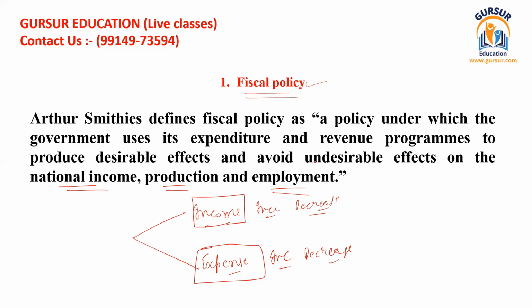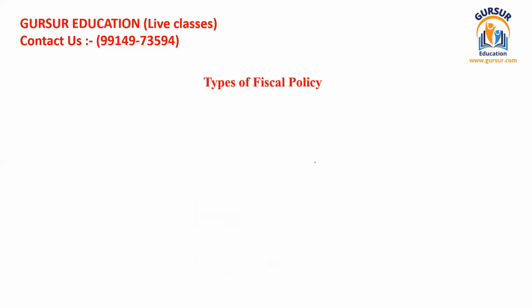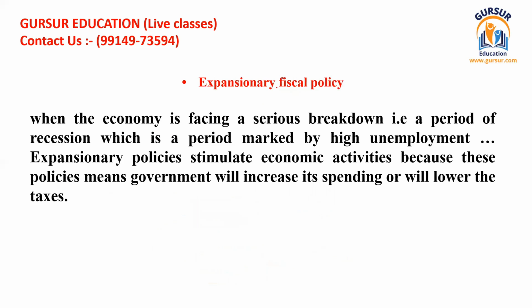So now I'm just going to talk about what kind of fiscal policies there are. Okay, so there are types of fiscal policies. After that, we shall be talking about the instruments of fiscal policies as well. So first of all, as I have already given you the information regarding fiscal policy, we are going to talk about their types.